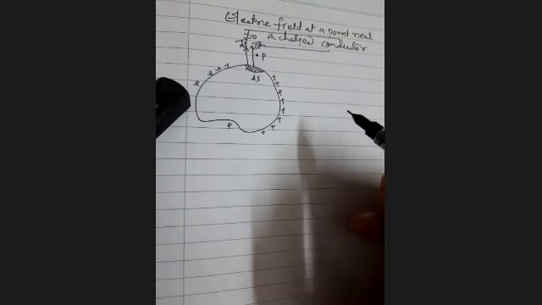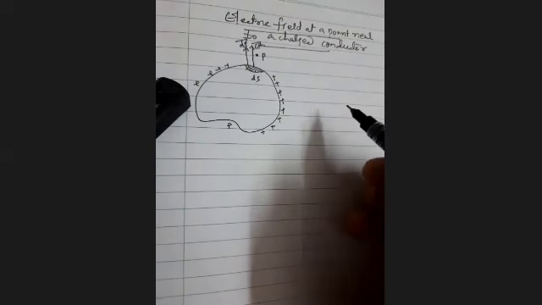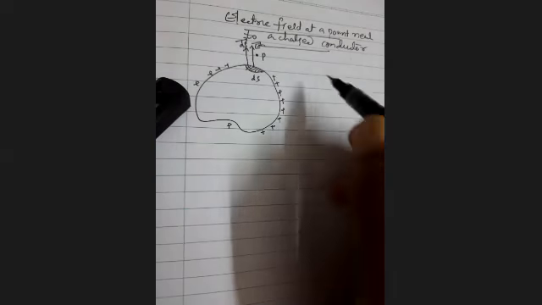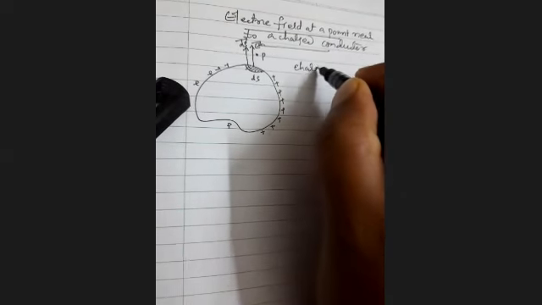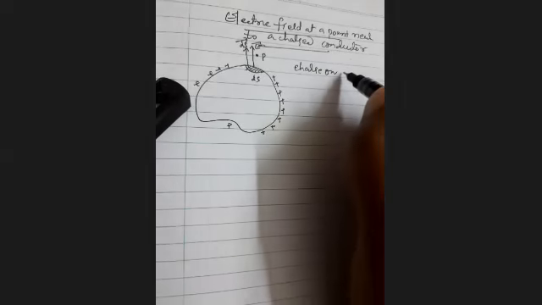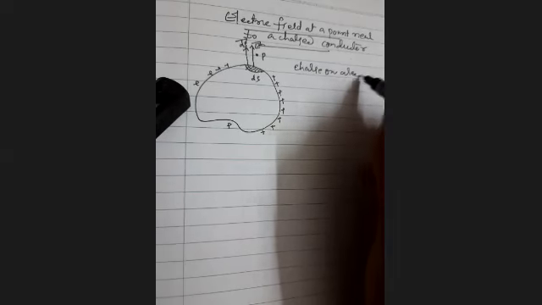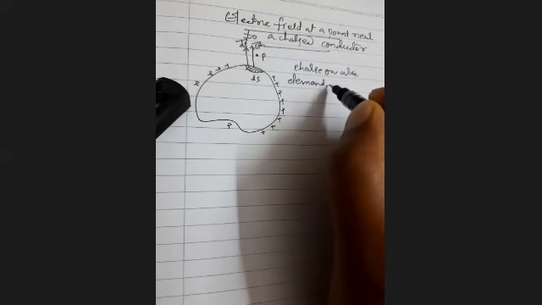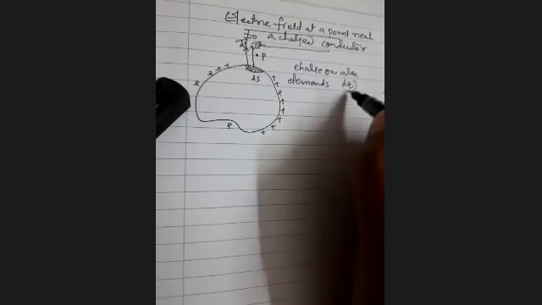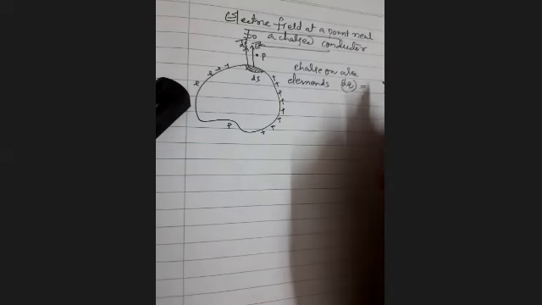Hence, what is E bar dot ds bar? Before that, the charge on the area element ds, dq, is equal to sigma ds.